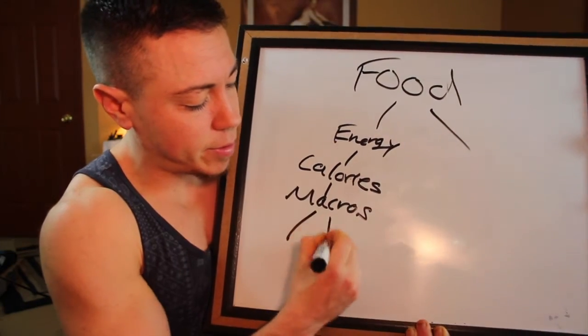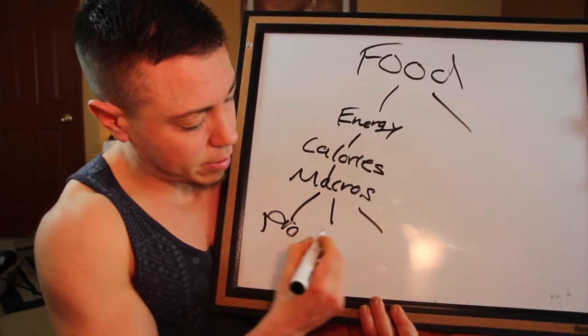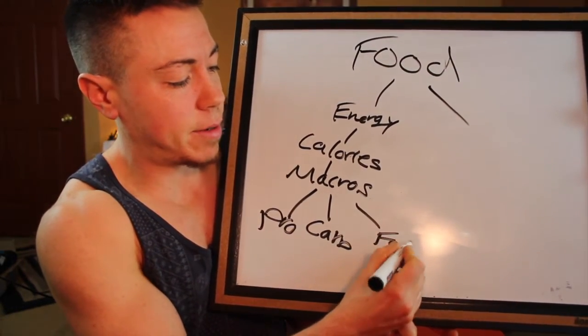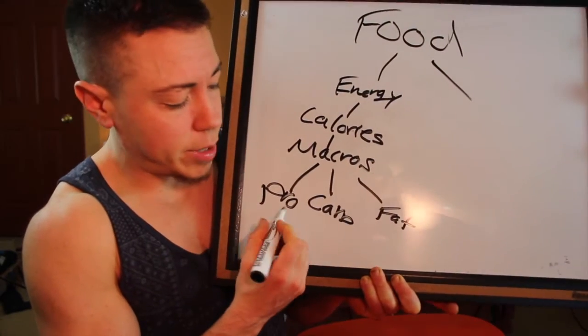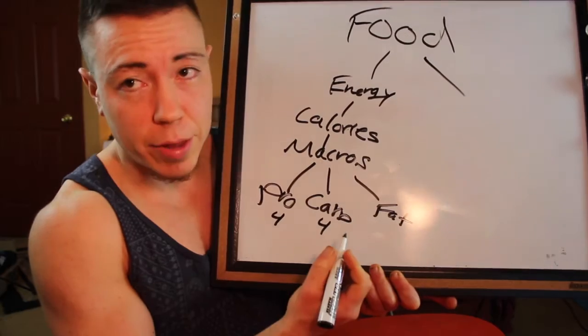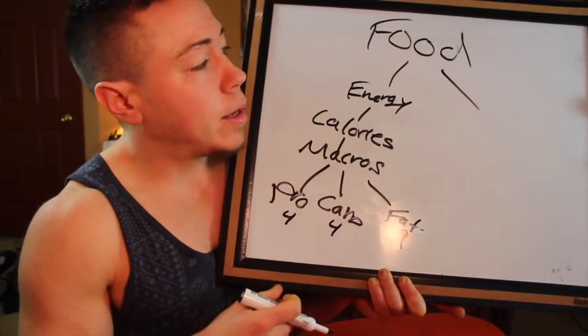Those macros consist of three things, which is protein, carb, and fat. Protein has 4 calories per gram. Carbs have 4 calories per gram, and fat has 9 calories per gram.